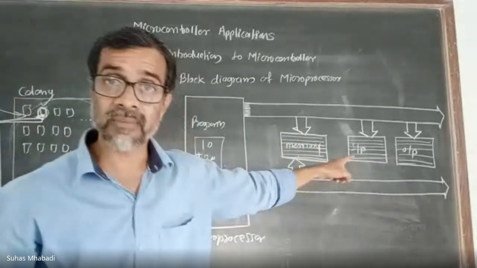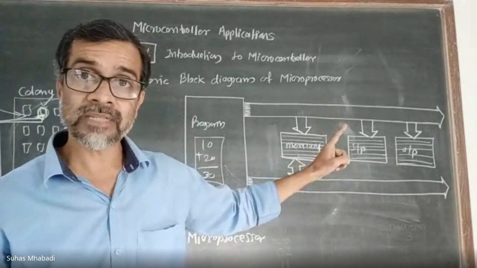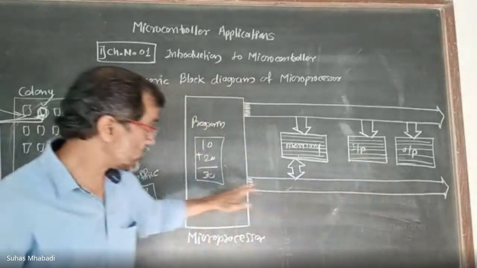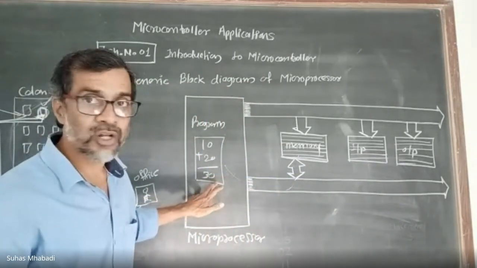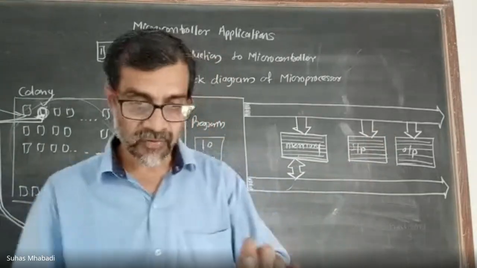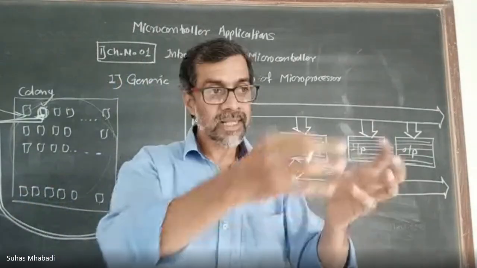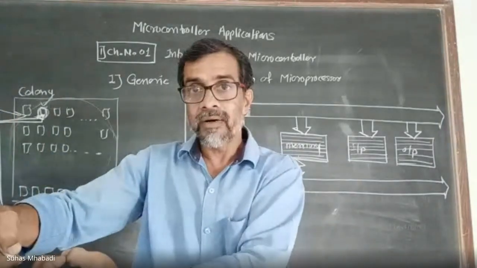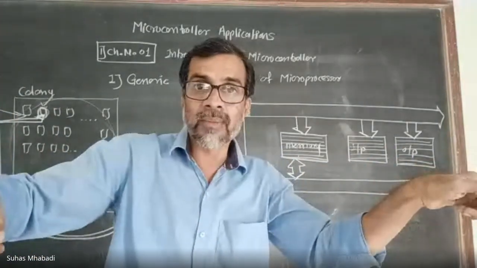Does this happen with the input device? Input device means data sent by the device will go to the processor. The processor will not send data to the keyboard. From the keyboard, we enter a number and that number goes to our computer, but from the computer or laptop, we will not send data to the keyboard.